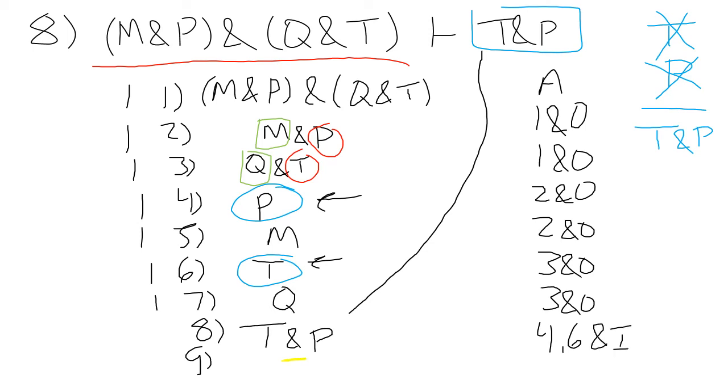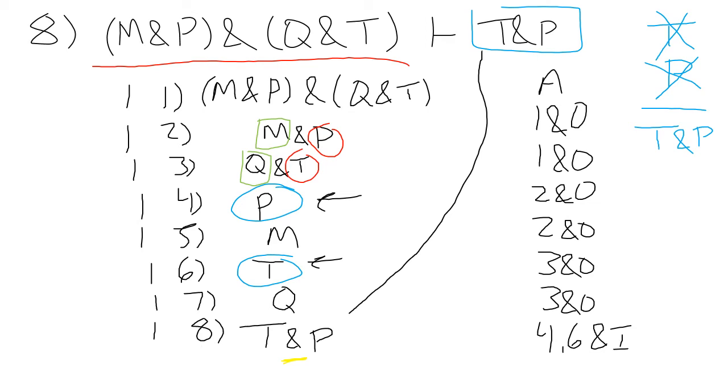I'm saying I have these two separate things, and I want to make them one thing by putting them together with this ampersand. So lines 4 and 6, sorry about that, only have the number 1 next to them, so that's all that will go there. And with that, we are done.